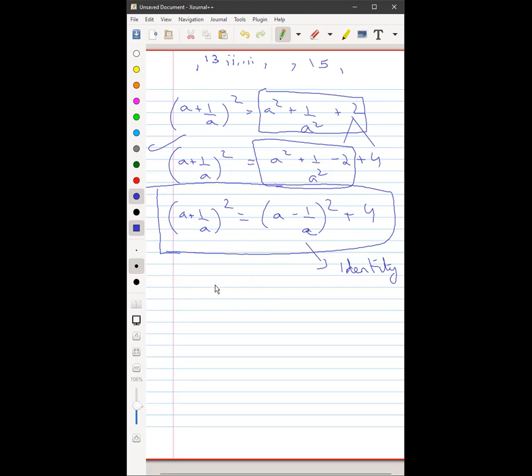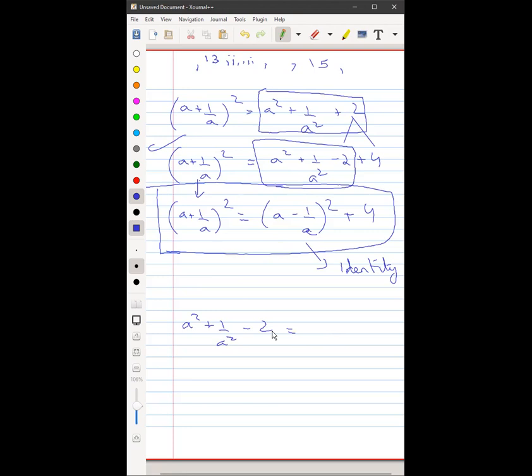Sir, can you tell the third step again? This is written here, Vishwa. This is clear. Yes. What is a squared plus 1 upon a squared minus 2? Vishwa, a squared plus 1 upon a squared minus 2 is?